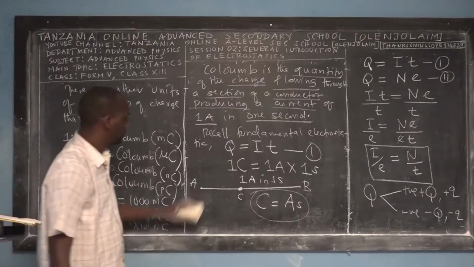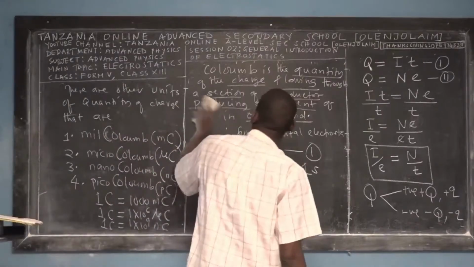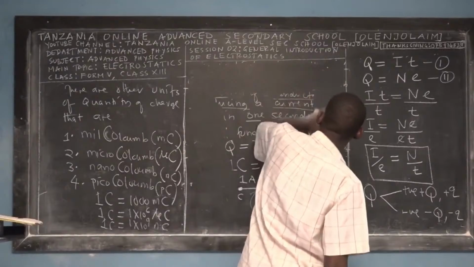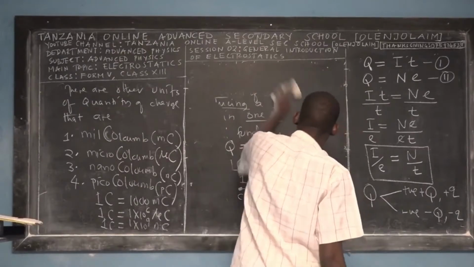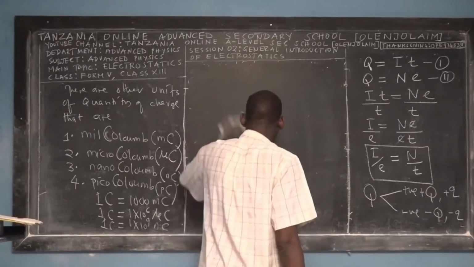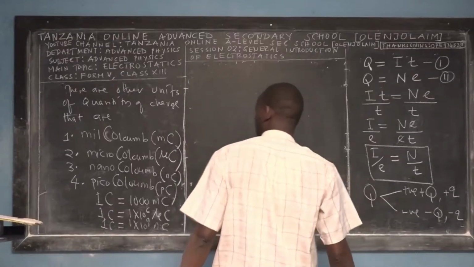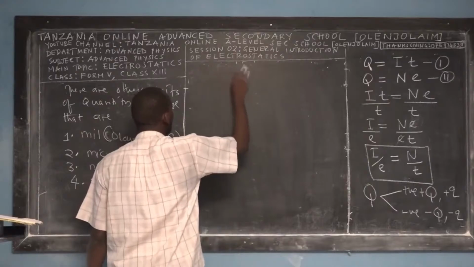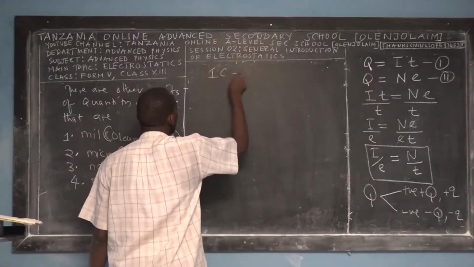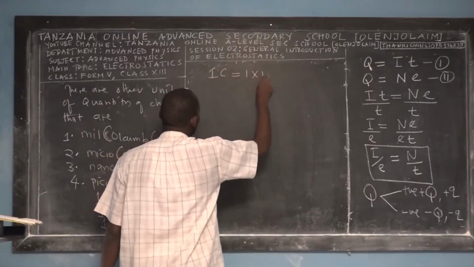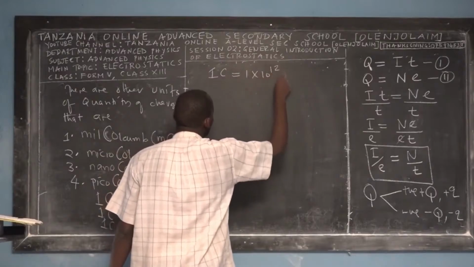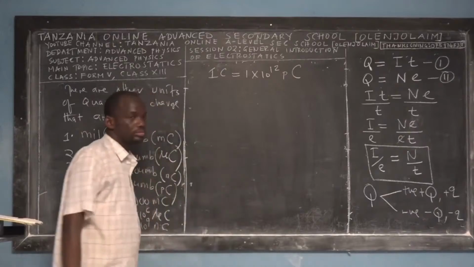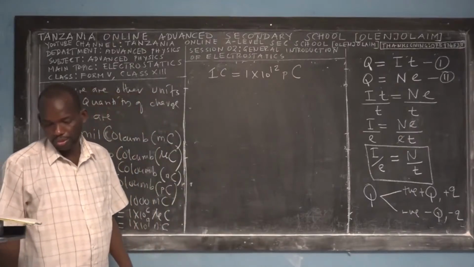Right? So you have to be familiar with these units, because in some of the questions you might not be given the quantity of charge in terms of coulomb. You should know the conversion between them. And then we say 1 coulomb is equal to 10 to the power 12 picocoulomb. Right? Picocoulombs.